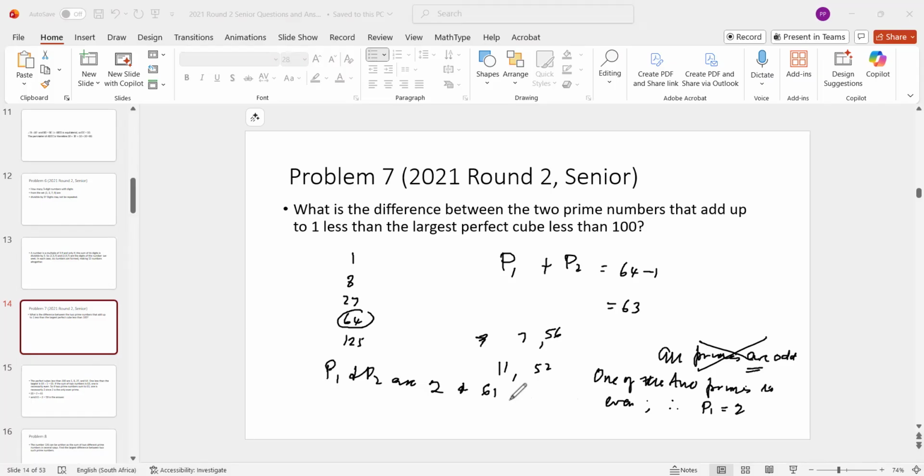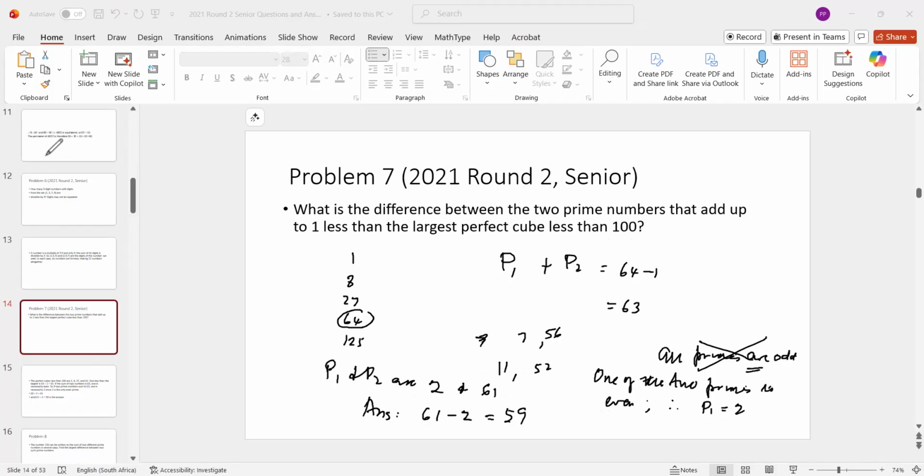So these are the two prime numbers in the question, but they want to know the difference. So you just subtract 61 minus 2. The answer is 59. It's quite a mouthful to read this question, but if you read it slowly, you'll be able to understand it.